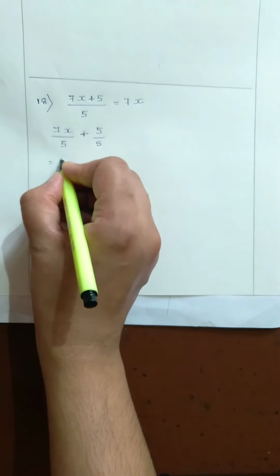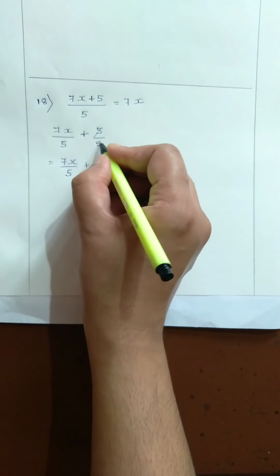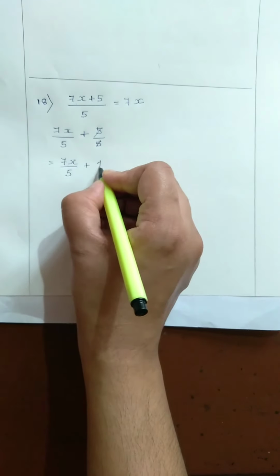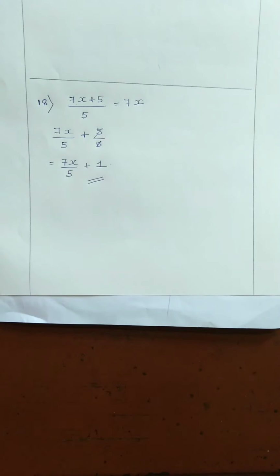Therefore, in 7x by 5 plus 5 by 5, the 5 of the numerator and 5 of the denominator get cancelled. Therefore, the remaining is 1. Therefore, 7x plus 5 by 5 is equal to 7x by 5 plus 1, because in the denominator it is a monomial. So, the numerator gets split into two parts and both are divided by 5.